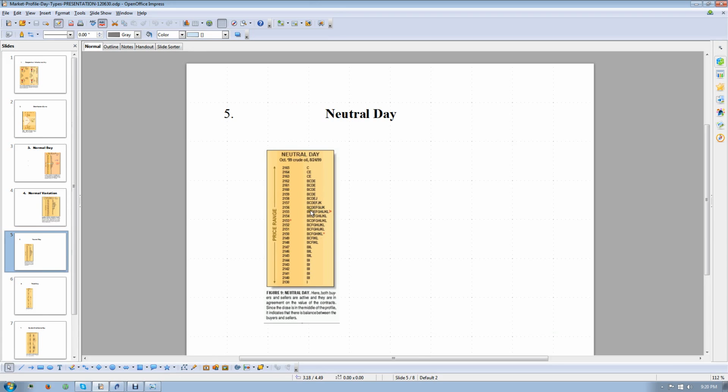You get a nice distribution, a little bit of a range extension on it, and all that kind of stuff. And these kind of days, like these normal days and normal variation days, balance days, and all these kind of things, as we learned in Lecture 1, time regulates the market, and you're going to get these kind of neutral and normal days on basically non-news days, because there's no real catalyst to drive the market.